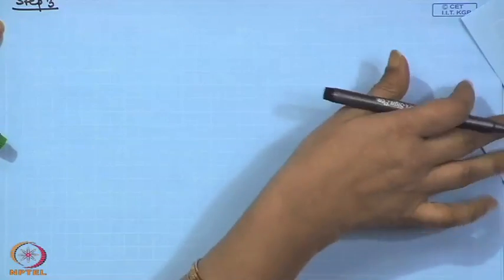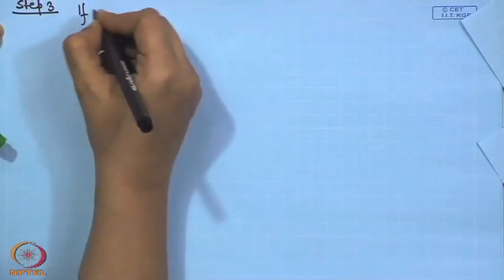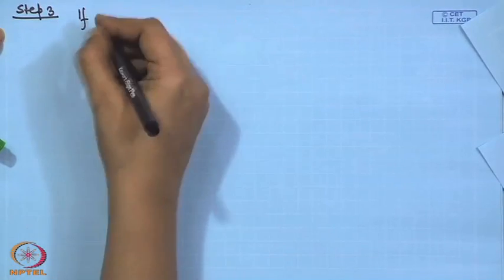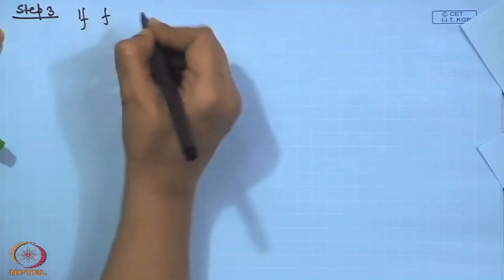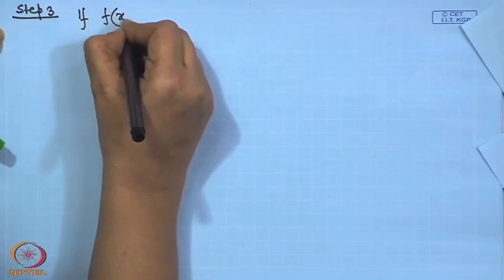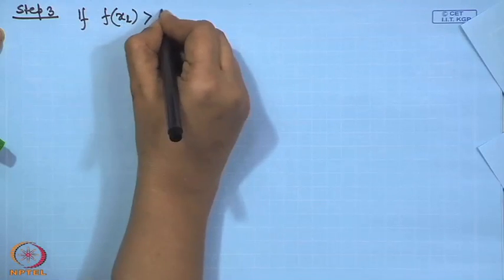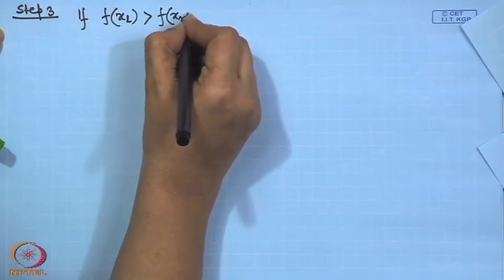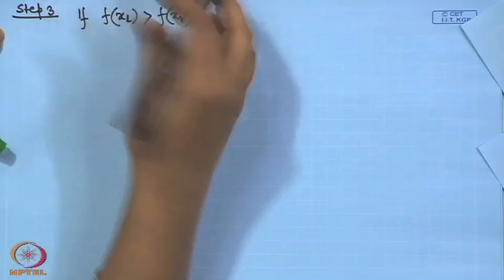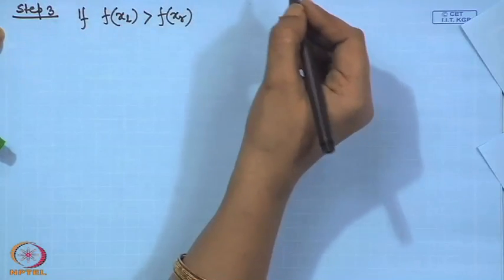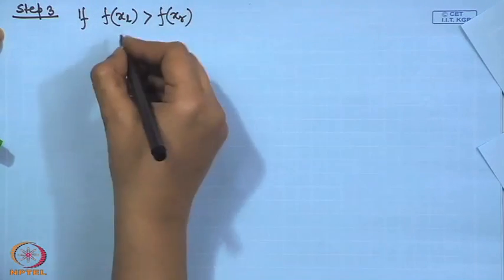Step 3. If after the reflection process we see that fxl is greater than fxr, then we have to do the expansion process with the expansion coefficient. What is the meaning of it?